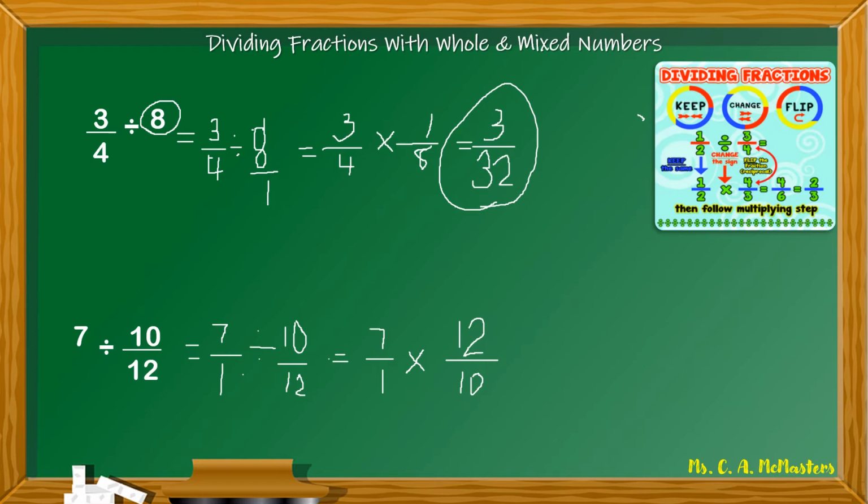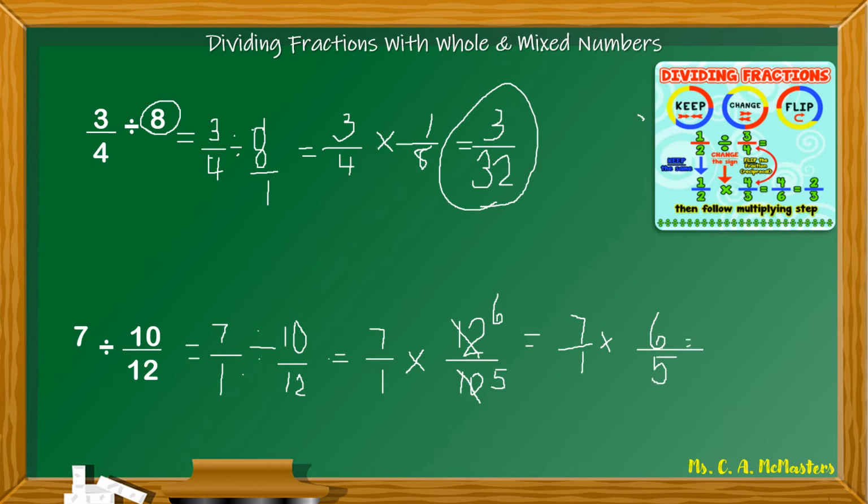Now we can check to see if there's anywhere we can simplify. And yes, we can simplify 12 over 10 and make it smaller using the GCF 2. When we divide 2 into 12, it leaves us with 6. When we divide 2 into 10, it leaves us with 5. So then we end up with 7 over 1 being multiplied by 6 over 5.